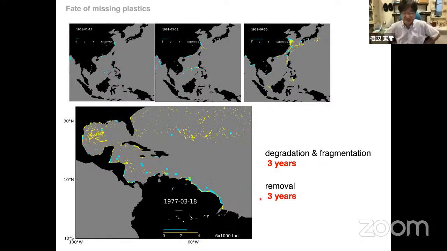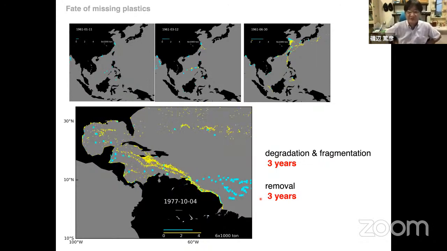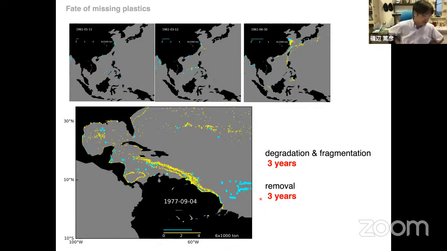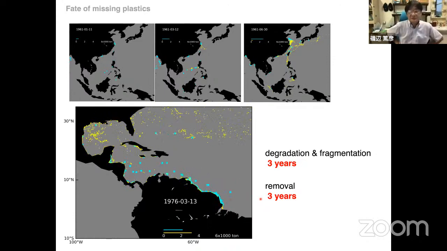I hope this animation moves smoothly on your computer. The movie in the lower panel and the upper three panels show the result of the motion of the macro and microplastic at the beginning of our computations. Blue dots mean macroplastic directly released from river mouths over the world oceans.